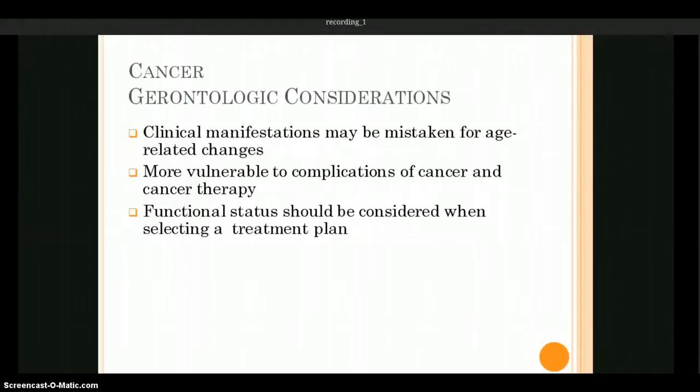Or maybe we should try radiation, or maybe we need to talk to them about palliative care. So we need to take into account the quality of life as well as the curative aspect, because sometimes that curative aspect is adding maybe a month or two to life, but we're creating so many other issues where that patient is in pain or they're unable to function in that extra 2 months of life that they may choose to go in a different route.